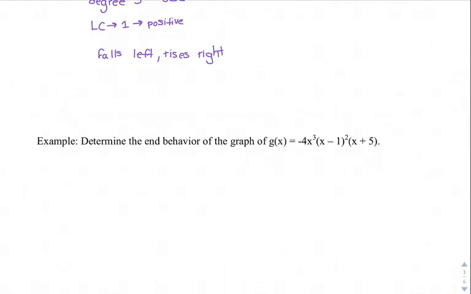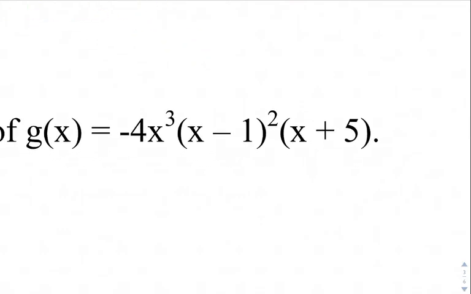Now here's another function. Determine the end behavior of the graph of g of x equals negative 4x cubed times x minus 1 squared times x plus 5. Notice this is not in standard form. We could expand it, but that takes a lot of time and effort, so here's a fast way. We look at all the degrees. If they're being multiplied, this is what you have to do unless you want to expand it.